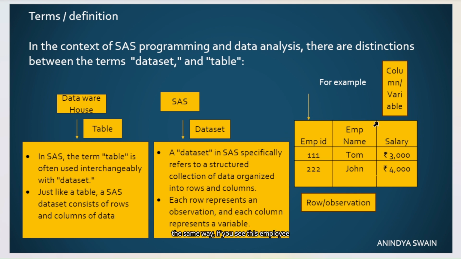In the same way, if you see this employee table, it has 3 columns and 2 rows. In the context of data warehouse, we call these lines rows and these columns. But in the context of SAS, the row is called an observation and the column is called a variable.